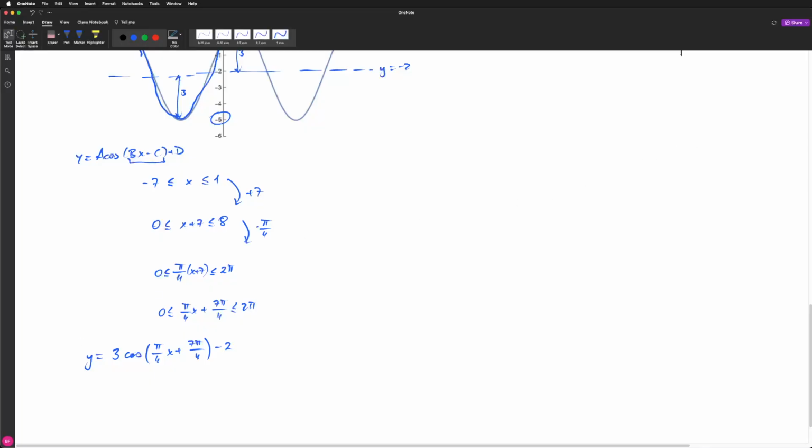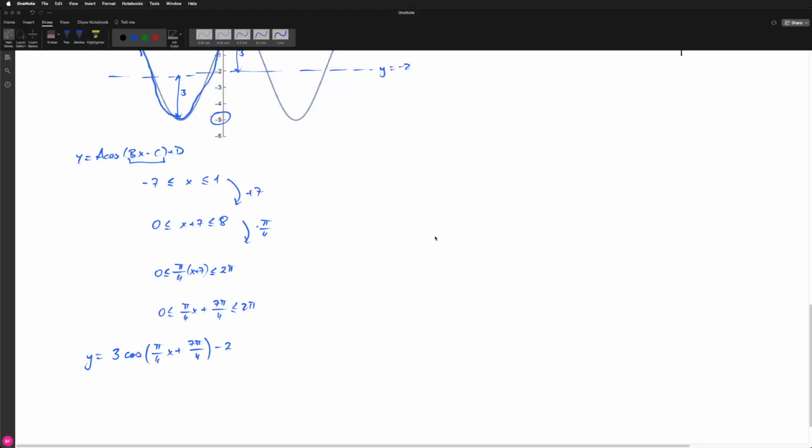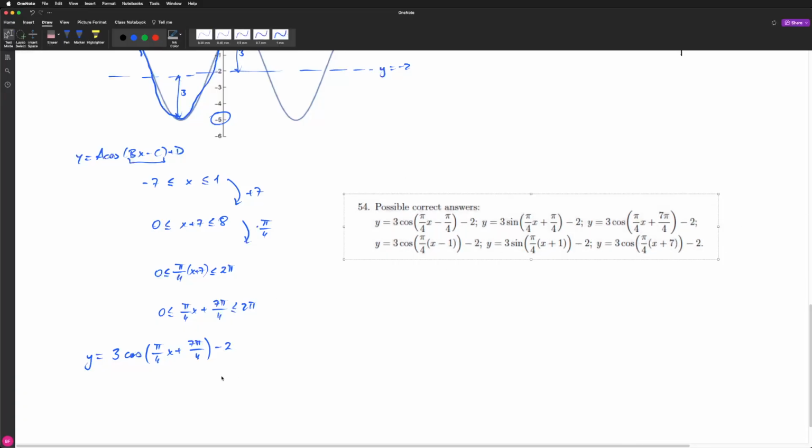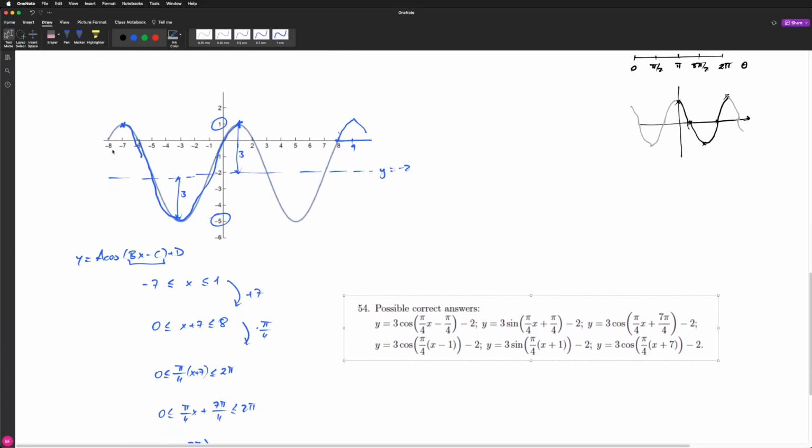So let's see if those answers are mentioned. 54. There are typos in the answer key. Pi over 4x plus 7 pi over 4 is right here. And my period is 8, right?